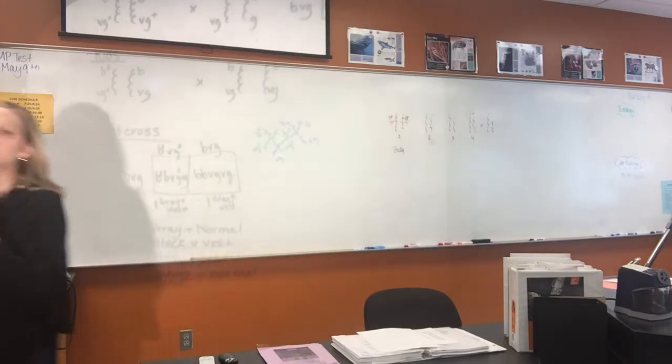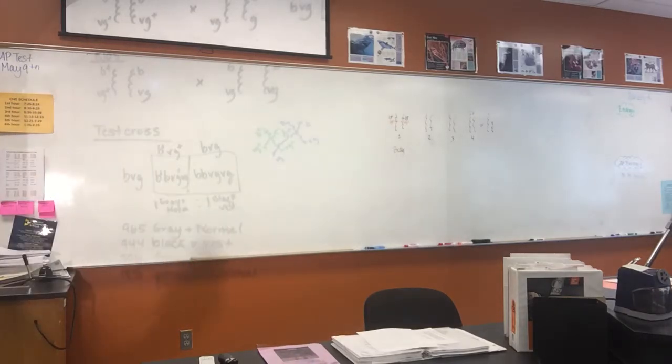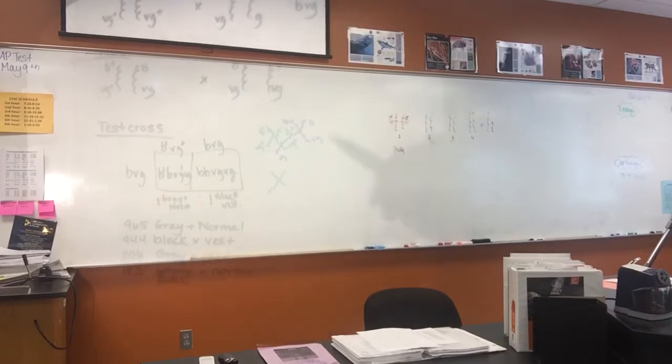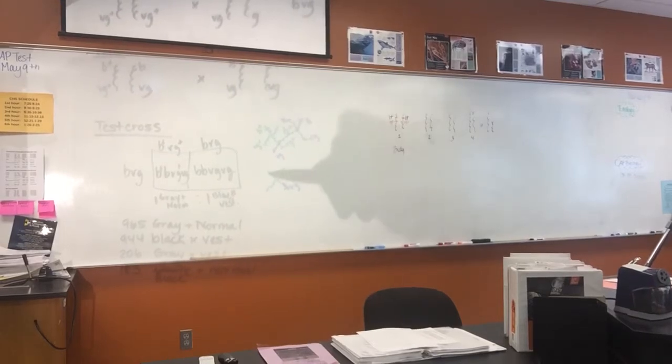So during meiosis, when these chromosomes separate and are pulled to different sides of the cell and eventually end up in different cells, this green chromosome looks like this with a blue tip here, and that blue tip is going to have the VG gene, and none of the rest of the chromosome is affected.